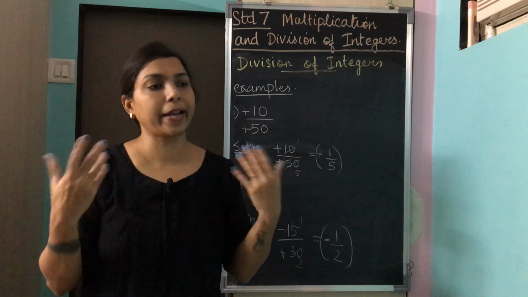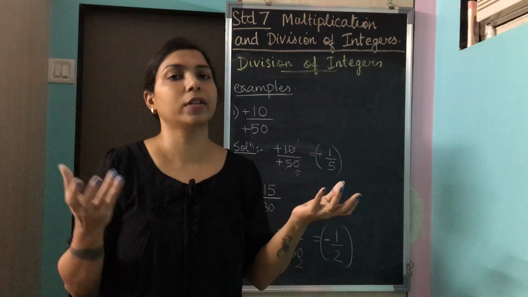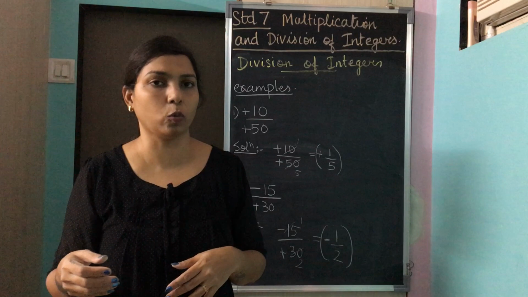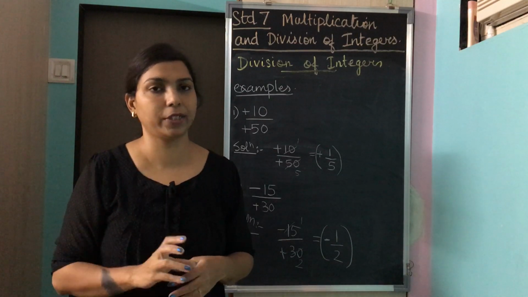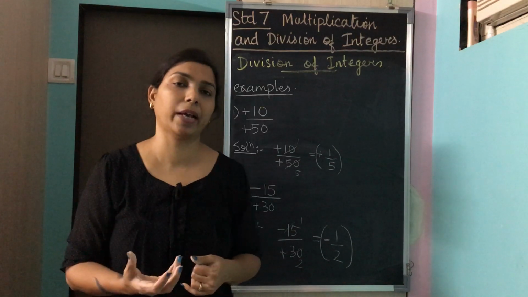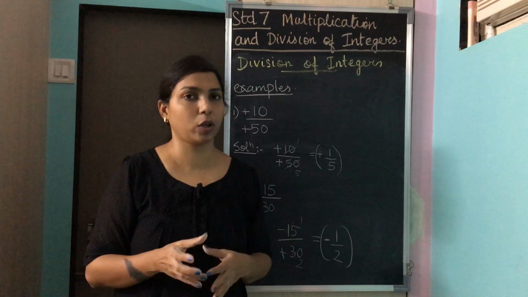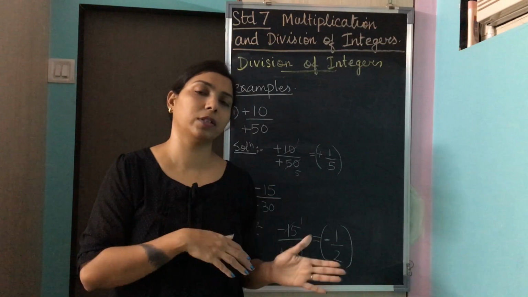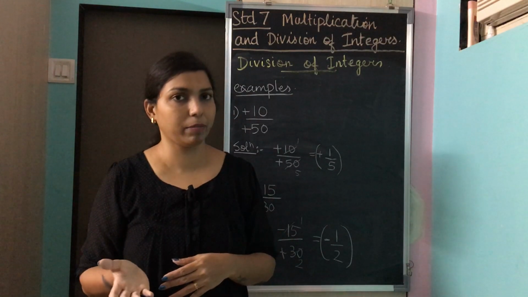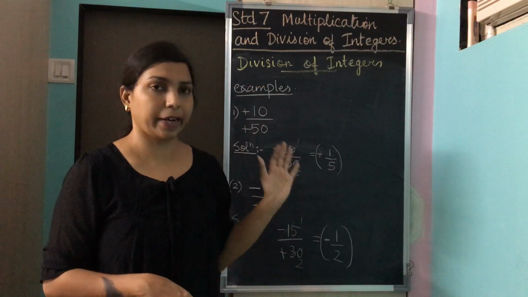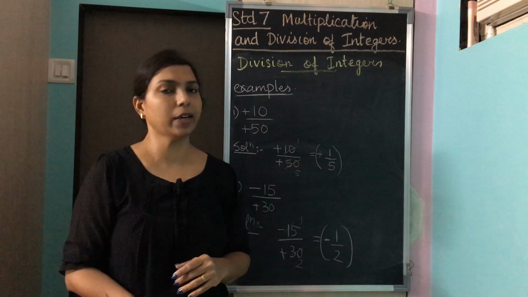Or I can even do division. 2 divided by 4, or 2 upon 4, I will get the answer as 1 upon 2. That is how you have to finish that activity. You will either divide the numbers or multiply the numbers. But you have to look at the signs, whether those numbers are positive or negative, and follow the rules of integers and find out the answers.